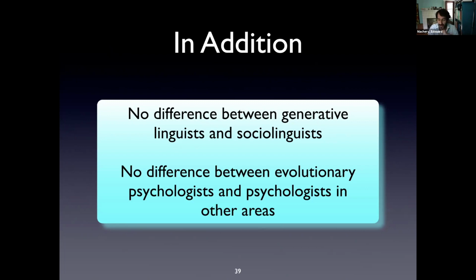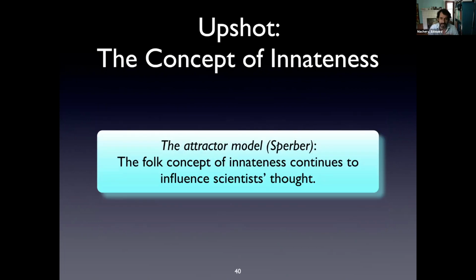What matters is the folk concept of innateness. So we concluded in that research that the attractor model is actually the best characterization of the folk concept of innateness. It weighs on the way scientists think about innateness and prevents them from developing concepts of innateness that would be attuned to the theoretical and experimental needs of their own disciplines.